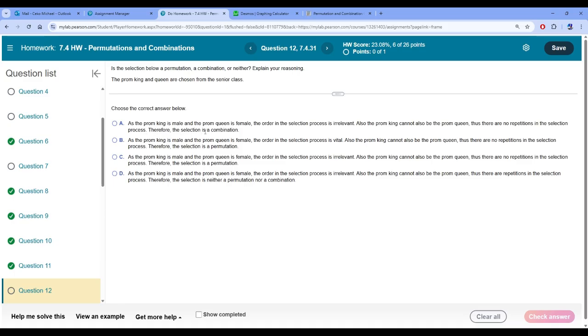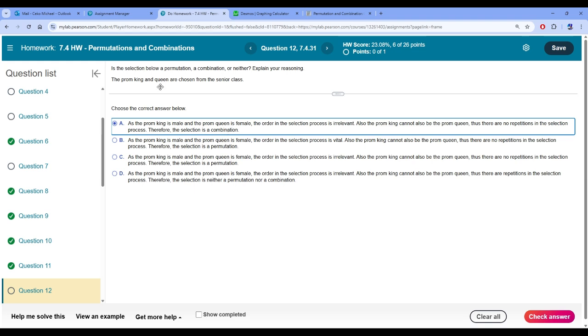Therefore, the selection is a combination. Yeah, I'm going to say combination. Another option: as the prom king is male and the queen female, the order of the selection process is vital. Also, the prom king cannot also be the prom queen, thus there are no repetitions. Therefore, the selection is a permutation.